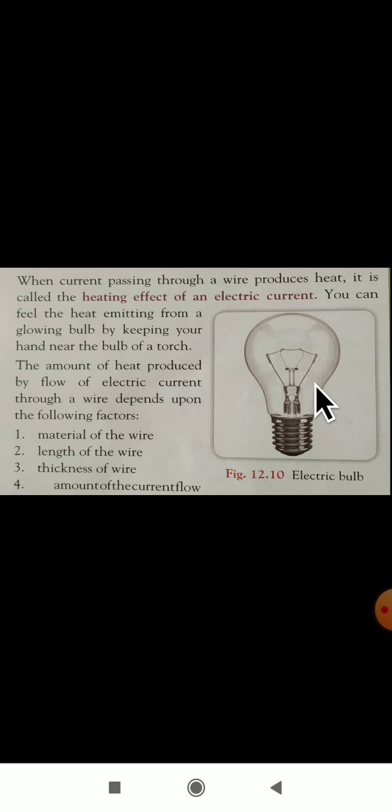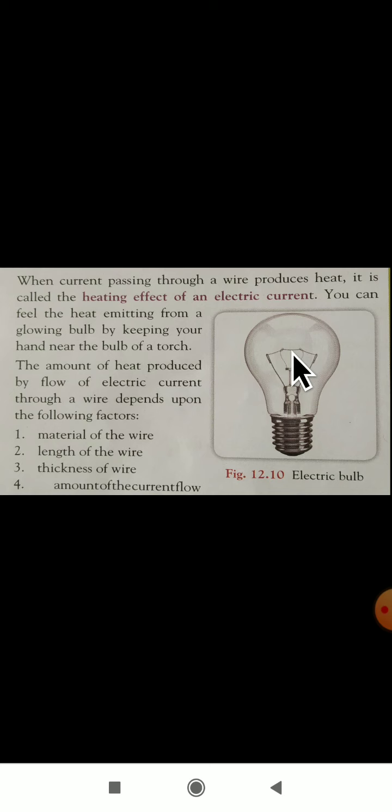The filament of the bulb will glow when it gets heated up. When electric current passes through this filament, the filament gets heated, and when it heats, it turns red. Red hot it becomes, and the bulb glows.